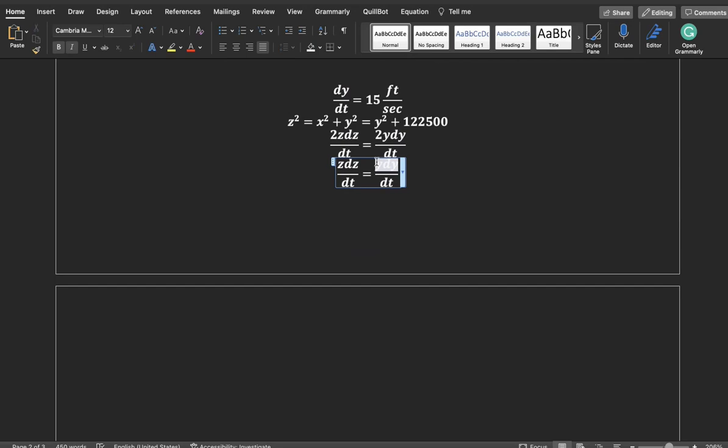On the right-hand side, we already know what dy/dt is. It's given to us to be 15. So we have 15y on the right-hand side.